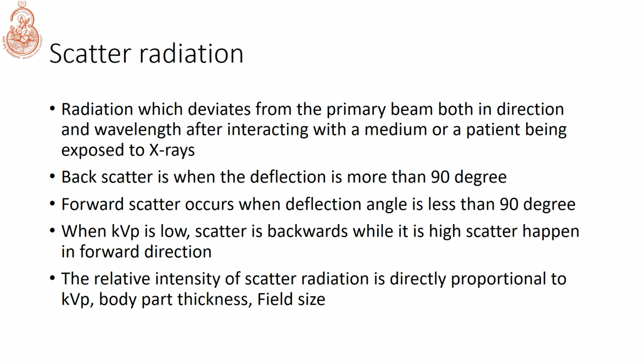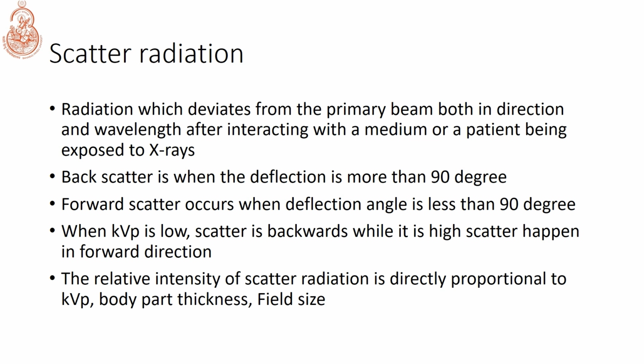Next is scatter radiation. This is radiation that deviates from the primary beam both in direction and wavelength after interacting with a medium or a patient being exposed to X-rays.